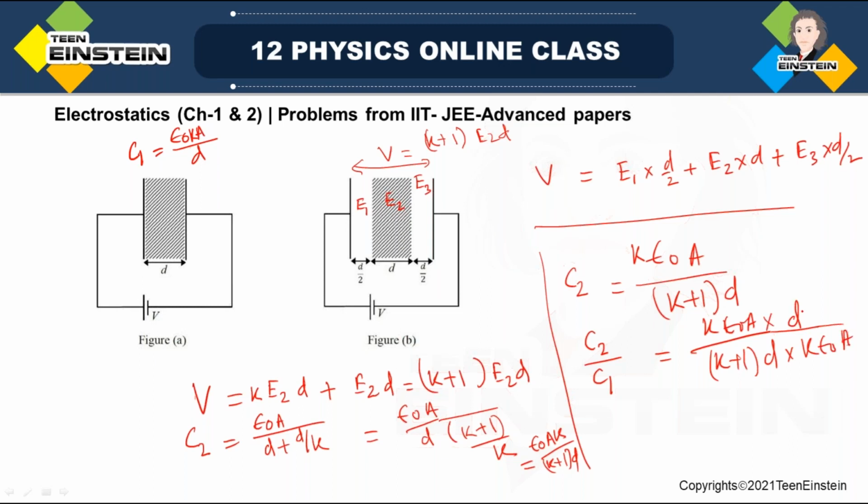D will go in the numerator, so this will be cancelled. So this will be 1 over k plus 1. That means C1 is k plus 1 times C2.